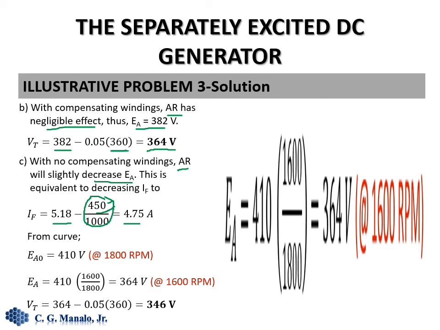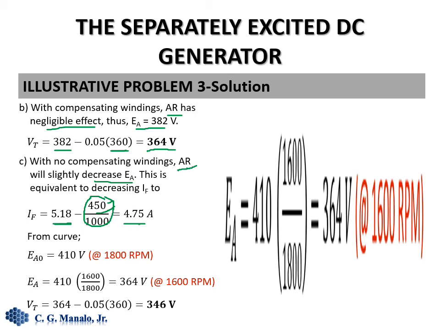So what really is happening here is that we try to squeeze in the effects of armature reaction by decreasing what is supposed to be the value for I sub f, although the actual value of I sub f is still 5.18, so that we would be able to consider the effects of armature reaction.